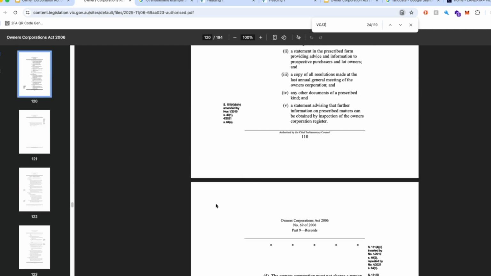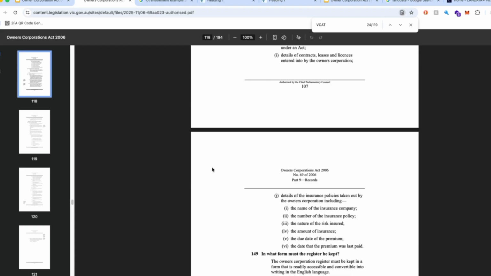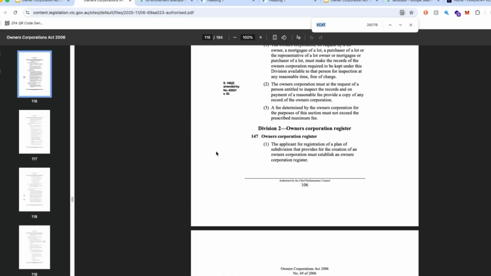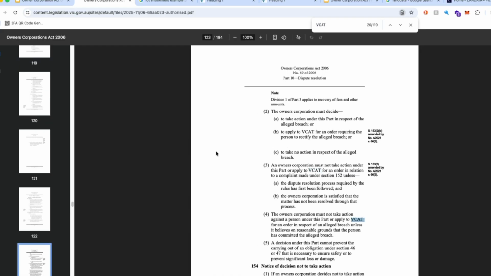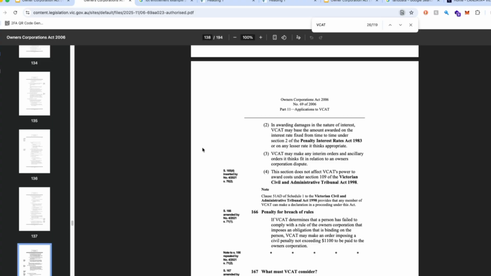VCAT is there to ensure that OCs are done compliantly, right? That's what VCAT is there for. It's there to address matters arising in OC.